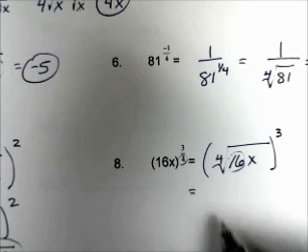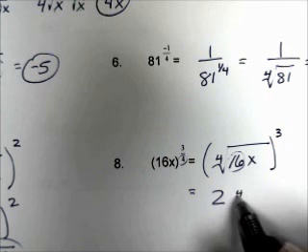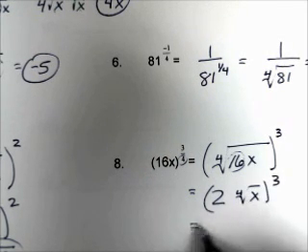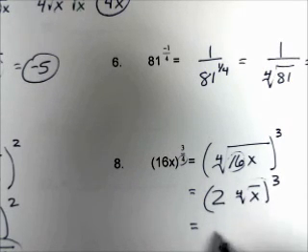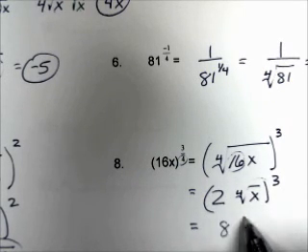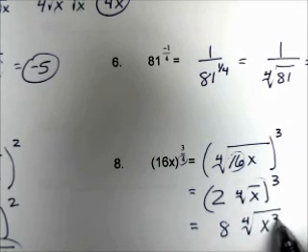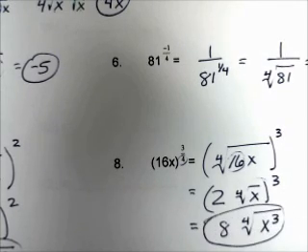Okay, the 4th root of 16 is 2. So we have 2. 4th root of x remains, raising to the 3rd power. Distribute. 2 to the 3rd is 8. 4th root of x to the 1st raised to the 3rd is x to the 3rd. So 8, 4th root of x to the 3rd.